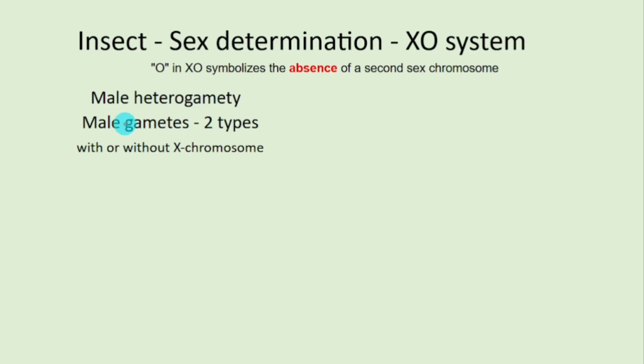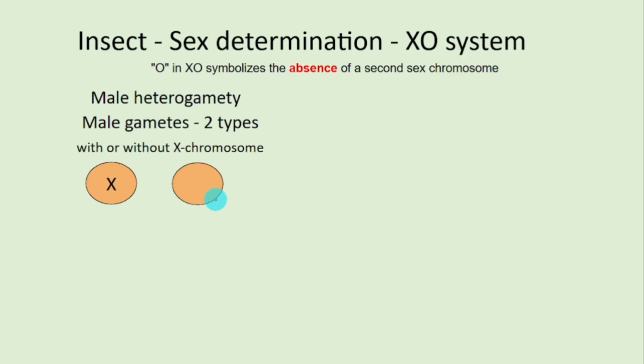So we see male heterogamety. What does it mean? It means that males will produce two types of gametes, one with X chromosome and another type of gamete without X chromosome. So O symbolizes absence of a second sex chromosome.